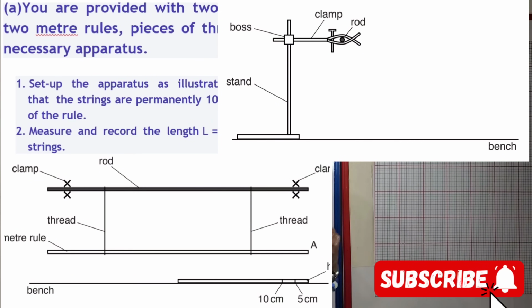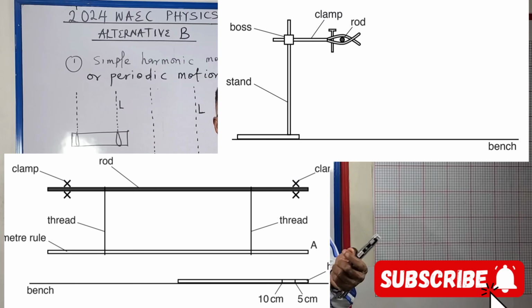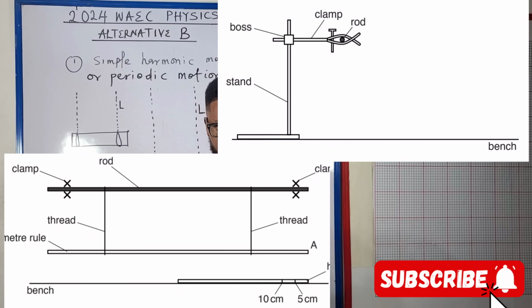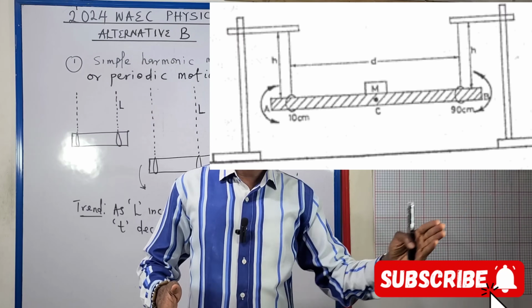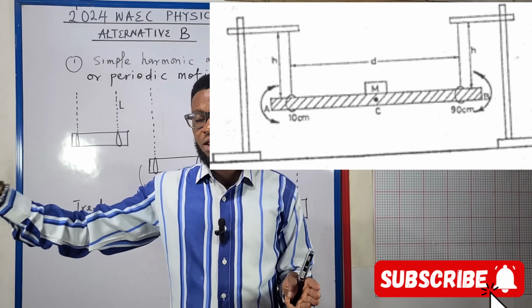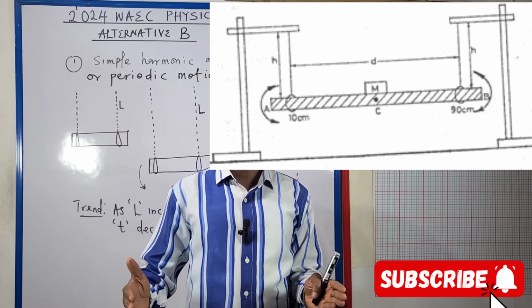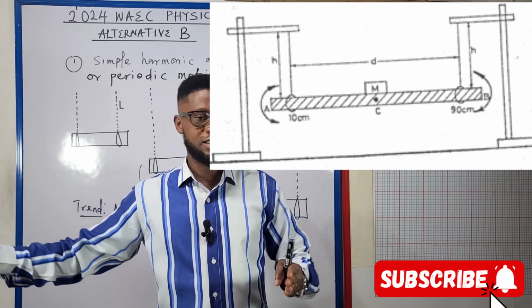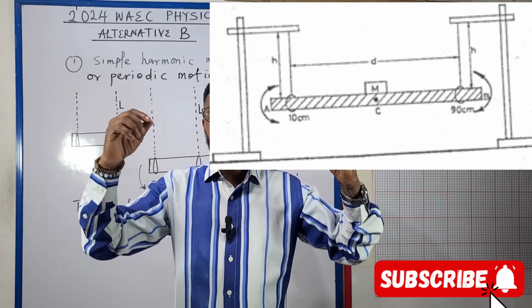You have your retort stand, and using your thread, you're going to hang your meter rule such that it is about 10 centimeter from the 0 centimeter end, and about 10 centimeter from the 100 centimeter end, so that you have 10 centimeter at both the right and the left end of the meter rule.